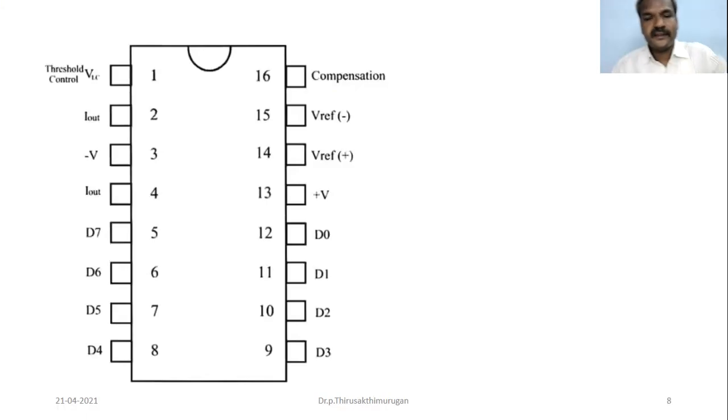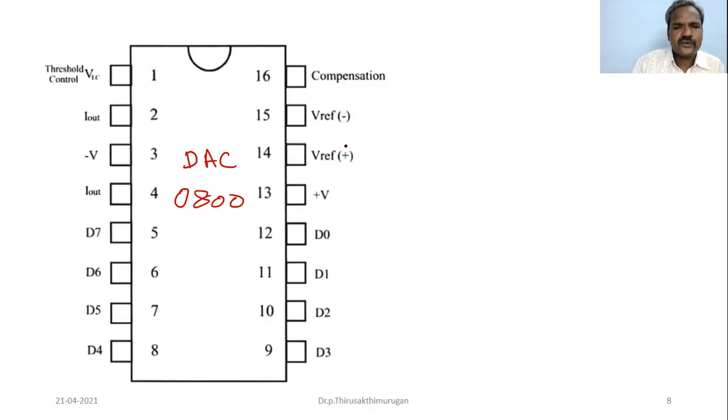In this session we are going to discuss the 8-bit chip. This is the microprocessor compatible DAC 0800. This is an 8-bit monolithic digital to analog converter with a reference source. We have to give the reference source, plus and minus.